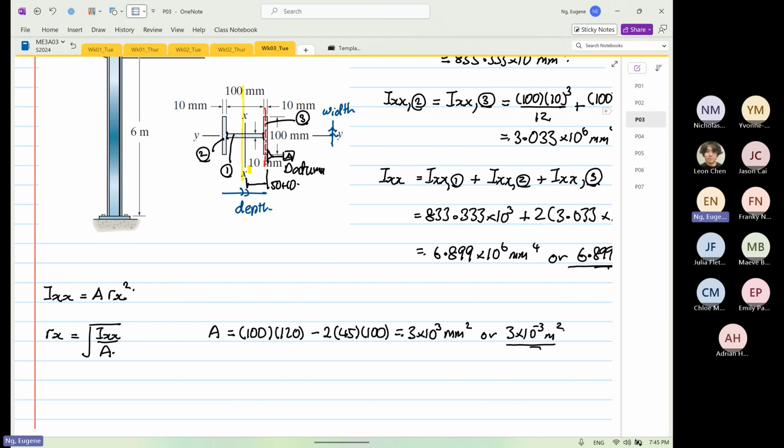So from here, we can now immediately determine our Rx. Okay, so we can determine our Rx. It is the square root of 6.9 times 10 to the power minus 6 divided by 3 times 10 to the power minus 3.